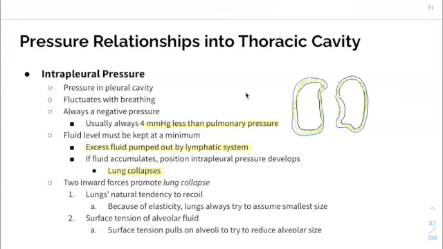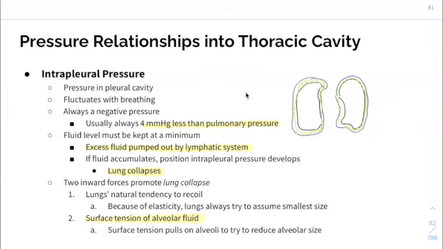We also have what is known as surface tension. Surface tension is always there between a fluid and air. Any kind of liquid and air, there's always some kind of surface tension.